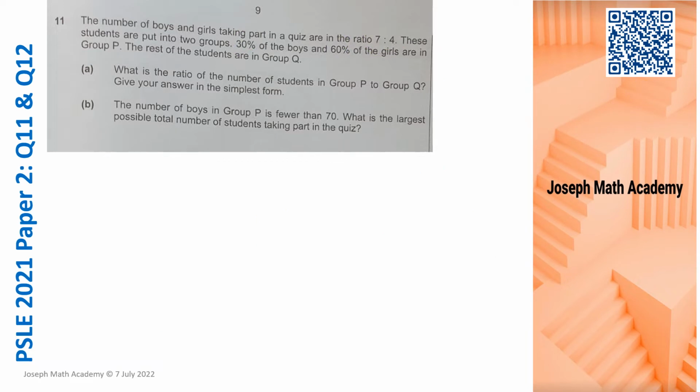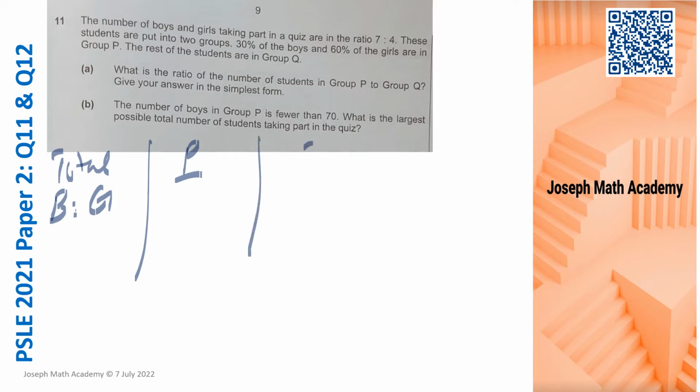Now, before I move on to part B, let me rewrite the information that we did in the previous slide. Okay, so you bear with me for a while. I just need to transfer the three ratios. So group P, group Q. So I have the total here, I have the total here.